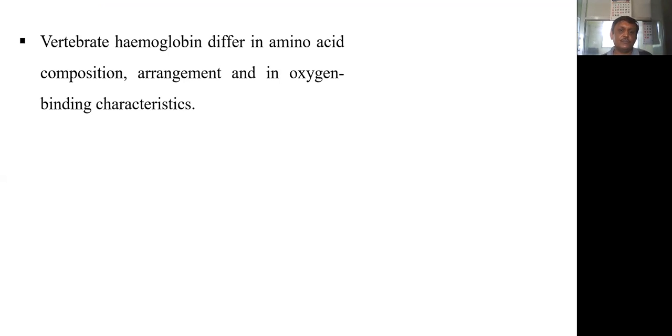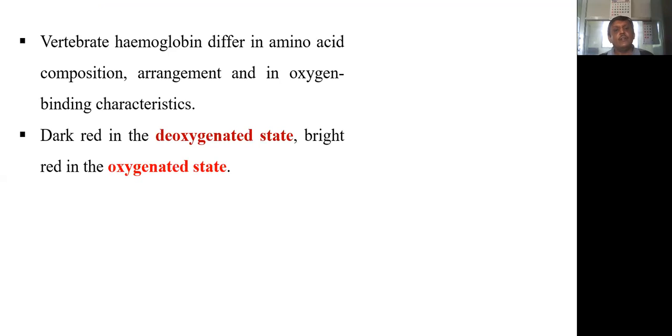Also, the arrangement of hemoglobin may be different in different vertebrates, and oxygen binding characteristics also differ in various groups of vertebrates. It is generally dark red in color when it is in deoxygenated state. That means when it has CO2, or when it does not have oxygen, it is dark red in color. But when it combines with oxygen, it becomes bright red in color.